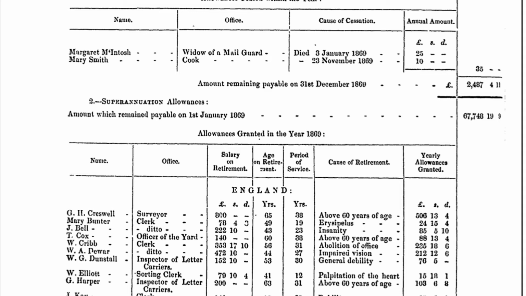So we can work out just from those two sets of information how long they worked for the post office and when they first started. And then it gives us the cause of retirement, and it also gives us the pension. So we can get quite a lot of information about the individual, their role, how long they worked, how old they were when they started, how old they were when they ended, and the reason why they had to retire.